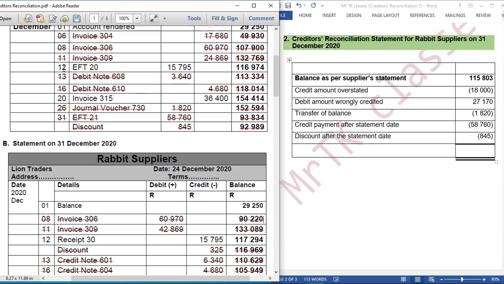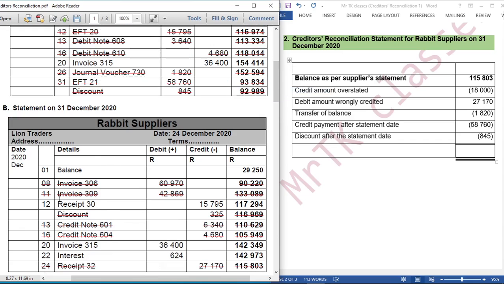On the 12th, 15,795. We can also see it here. So debit here, credit here. So these entries are okay. Now we are moving on to this one. 36,400. So credit here, debit here. This is fine.